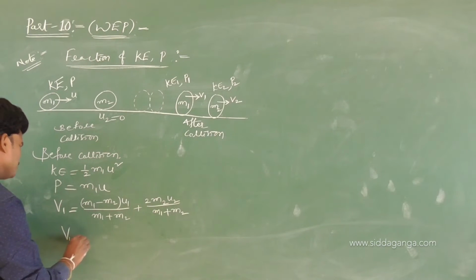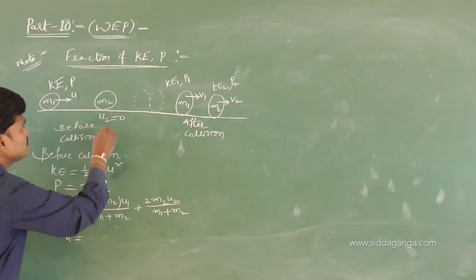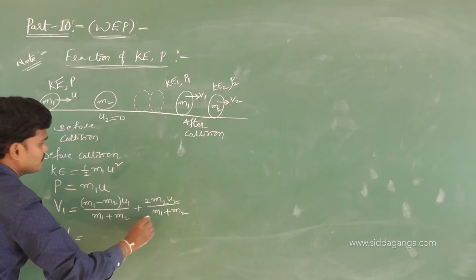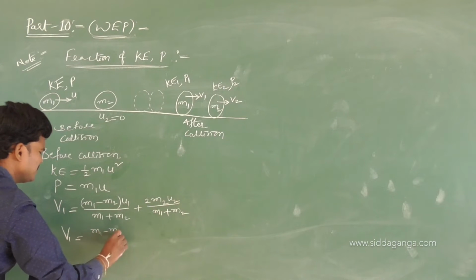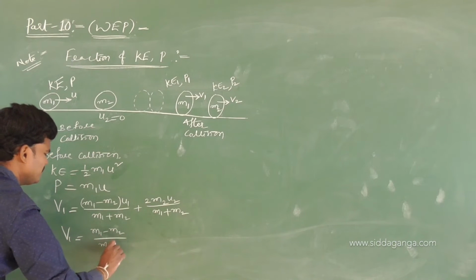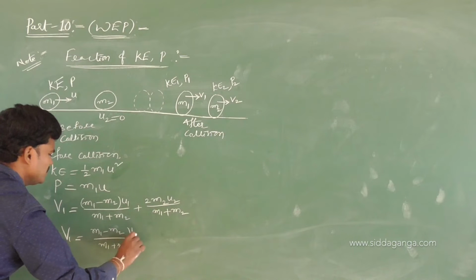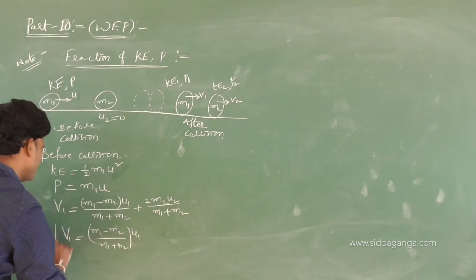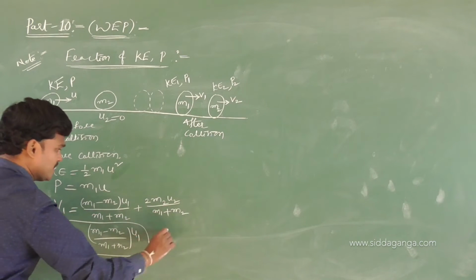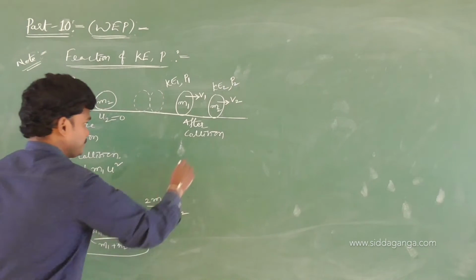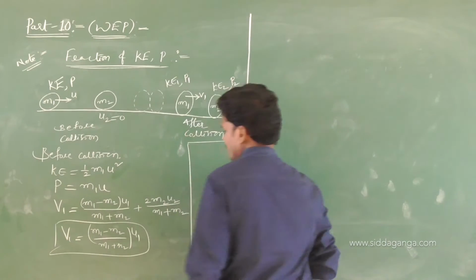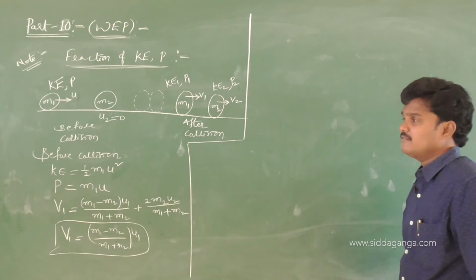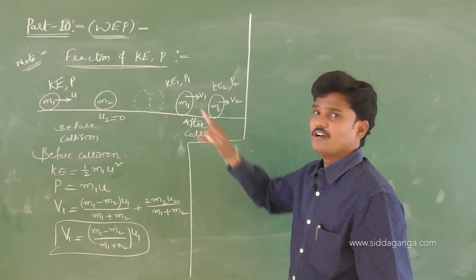Since u2 is at rest, u2 is 0, so this term is 0. So v1 is m1 minus m2 by m1 plus m2 into u1. This v1 is the velocity of the first particle after the collision.